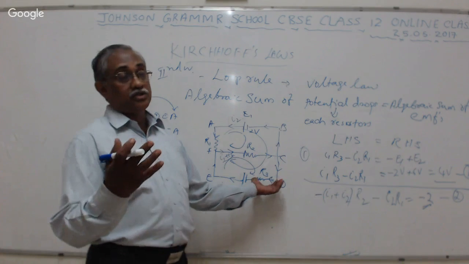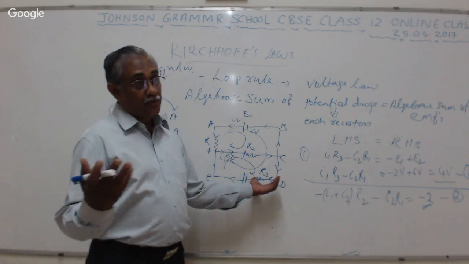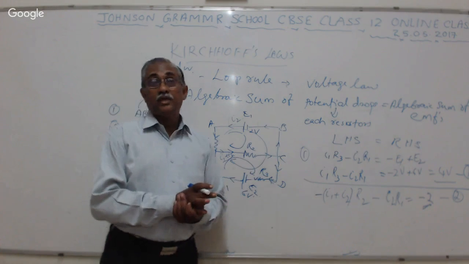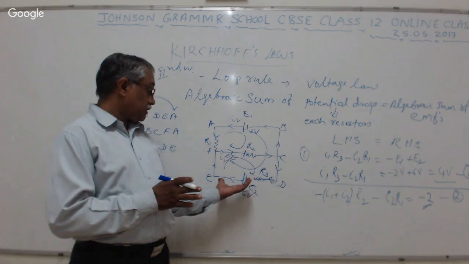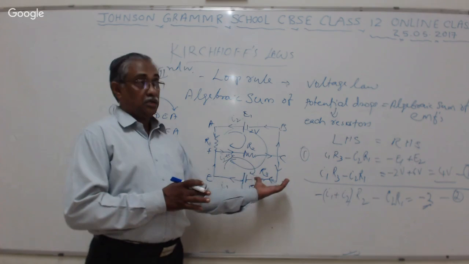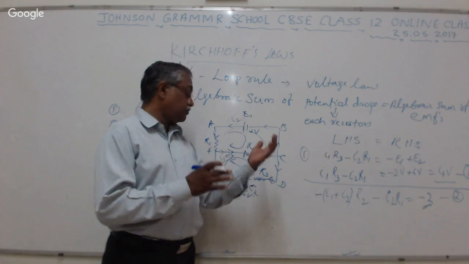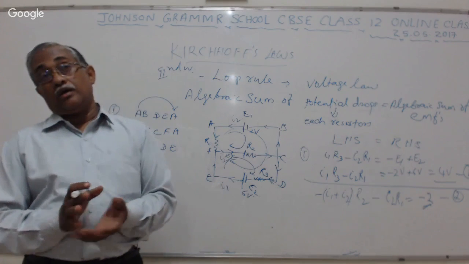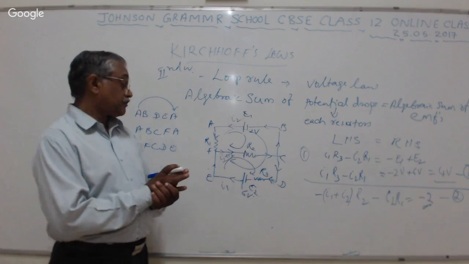Current is passing through resistors, and in some cases heat is produced, in some cases light, whatever way it consumes energy. So there is a drop in potential. In that sense, the total energy given by the cell and the energy consumed by the resistor will be the same, balanced. That is conservation of energy.